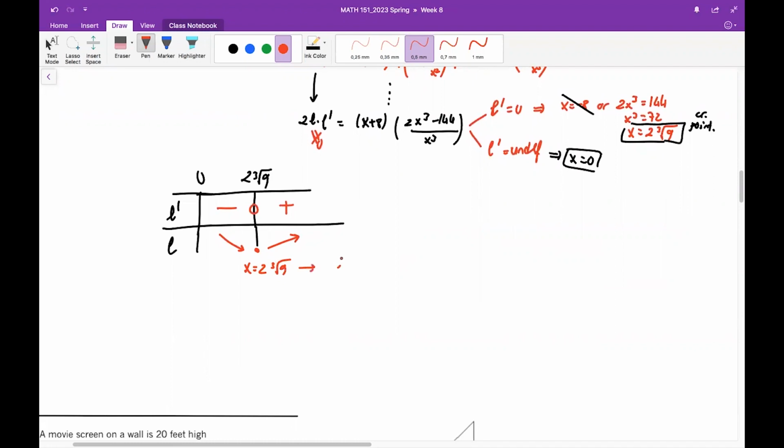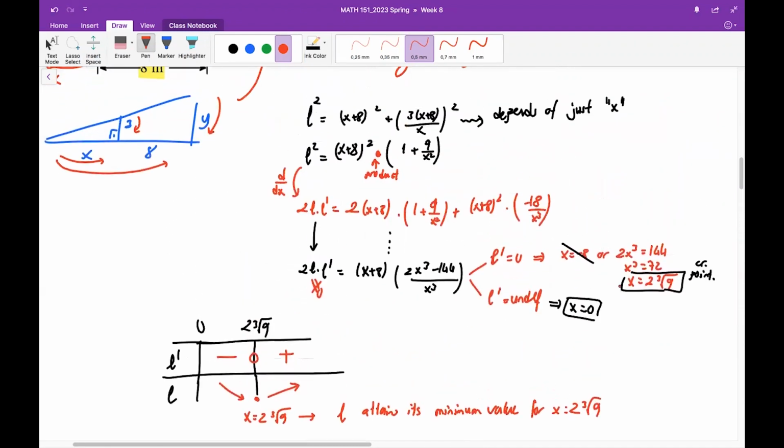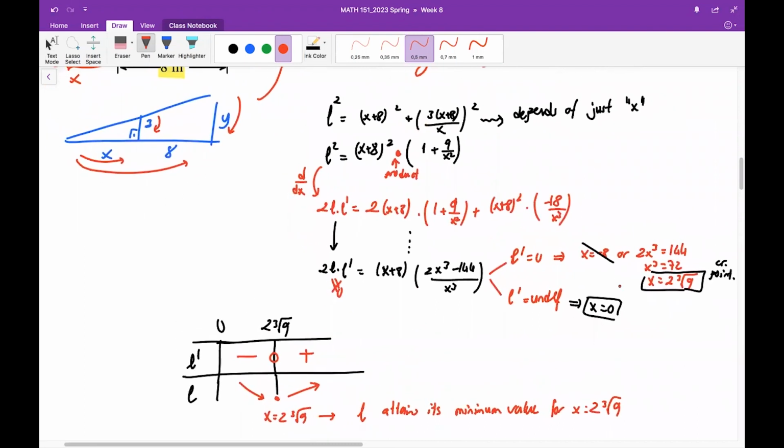So your conclusion is L, the length of this beam, attains its minimum value for x equals this number. Okay, so this is the ultimate answer to this question.